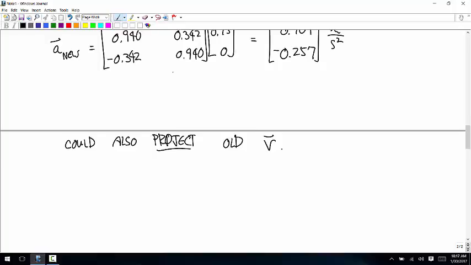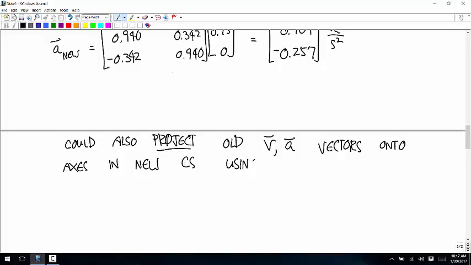You could project the old velocity and acceleration vectors onto axes in the new coordinate system using the dot product.